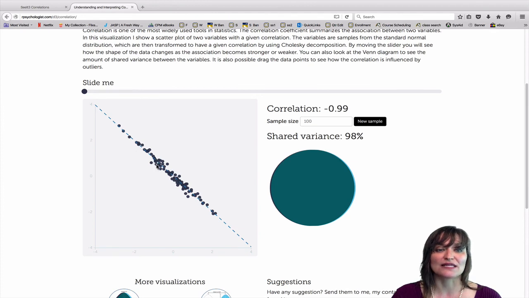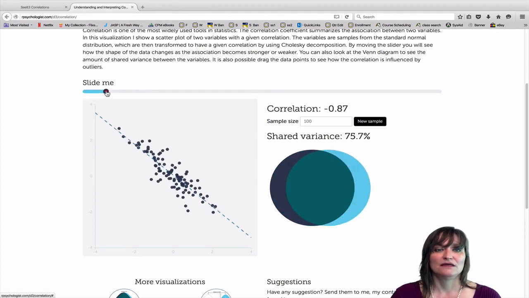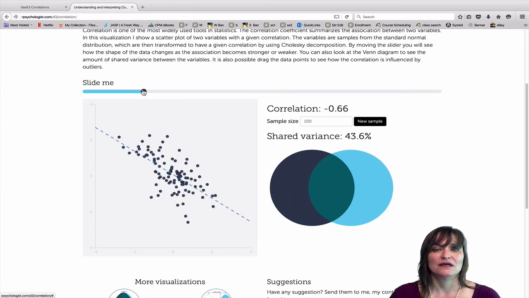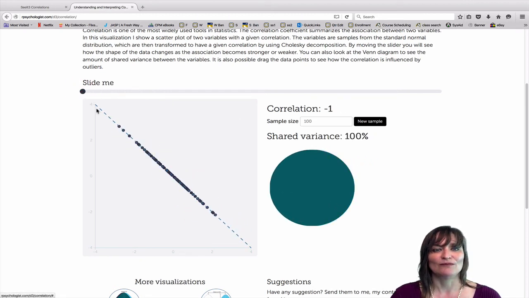They're all right along that line. And you can see the shared variance, the amount of overlap between the two variables. That's the other part that he's talking about here, that with that perfect negative correlation, they share all of their variance. They are totally overlapping.